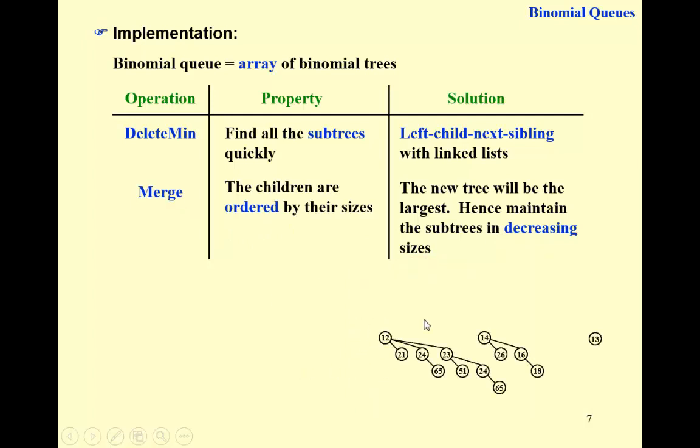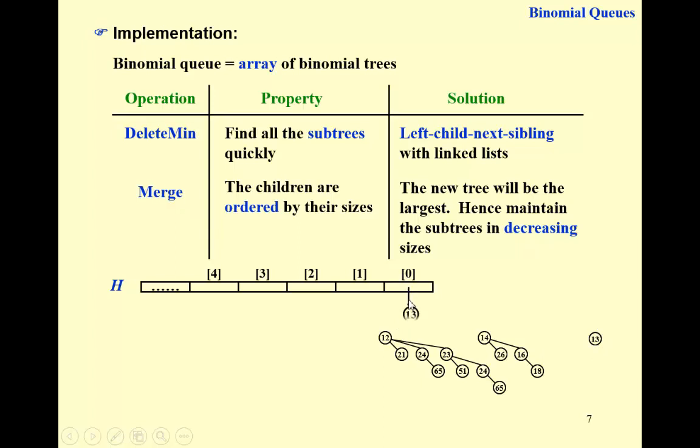Okay, so for example, given a binomial queue like this, it's going to be implemented in this way. First of all, we're going to have an array of pointers. Each pointer points to the root of the corresponding tree. So at position 0, it points to the root of B_0. And since we don't have B_1, this pointer will be a null pointer. So at position 2, there's supposed to be a pointer pointing to 14, to this node.